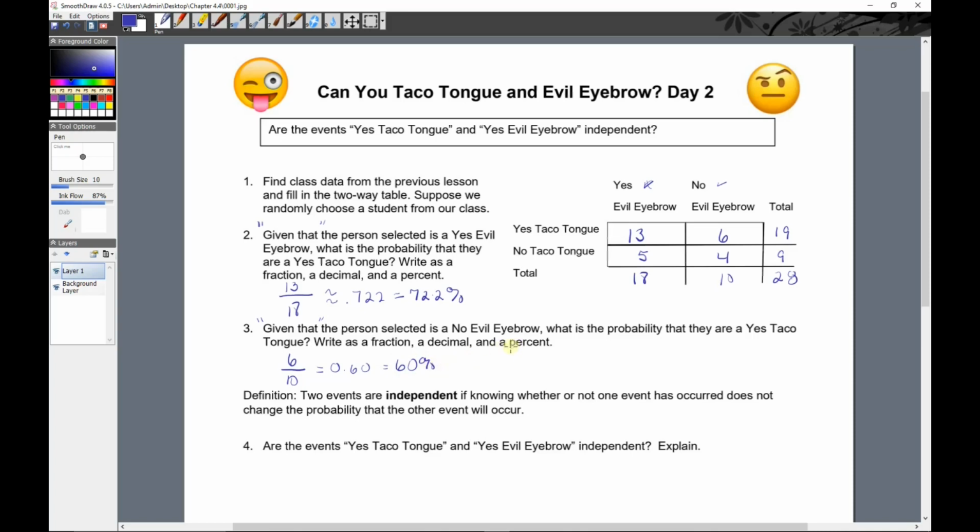Okay, so let's look at a little bit more of this idea of conditional probability. It's going to be written probability of yes taco tongue, so I'll put the TT, and then you see a line, and that line means "given that."